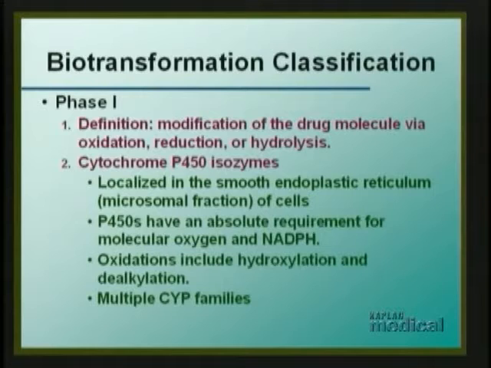What the boards are generally after is a key system that does oxidoreduction for us, which are cytochrome P450s. And cytochrome P450 enzymes have some key points associated with them. They're localized in the smooth endoplasmic reticulum of cells. Now, histologists, if they fractionate cells by ultracentrifugation, call that the microsomal fraction. That's why an old name for them was microsomal enzyme oxidizing system, MEOS.